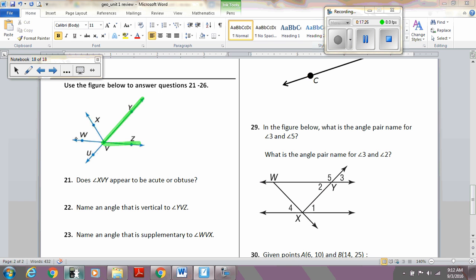And that angle would be WVU. Those two form a complete X when they're put together. So again, it's angle WVU, or you could say angle UVW.